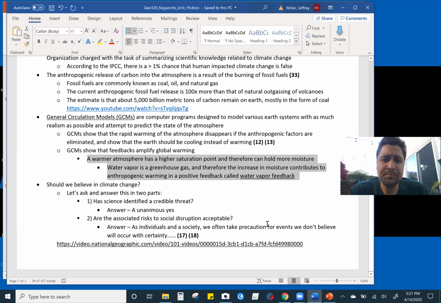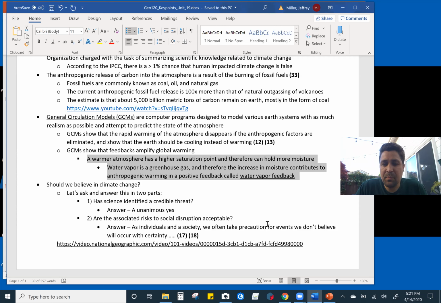So, GCMs are showing that the atmosphere has a higher saturation point, and it can hold more moisture. And so that's a problem also. We just watched in that video that water vapor is a greenhouse gas. Water vapor is another thing that contributes to global warming because it can absorb terrestrial radiation, and that's part of the problem.